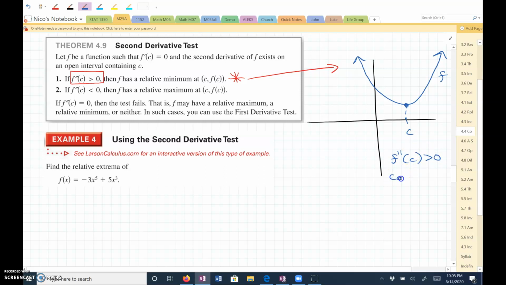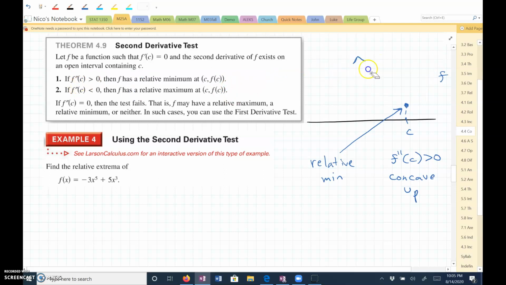This is concave up. Okay? If that is concave up, then this has to be a relative minimum. Same argument can be made for number 2. Hopefully that makes sense. Let's look at an example.